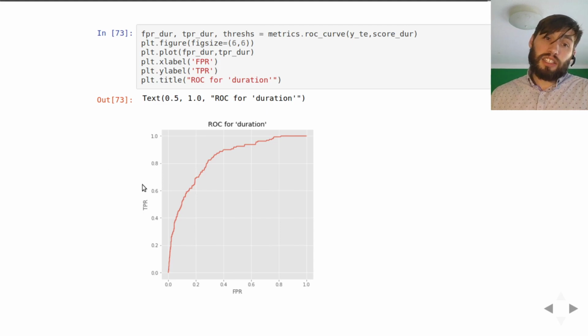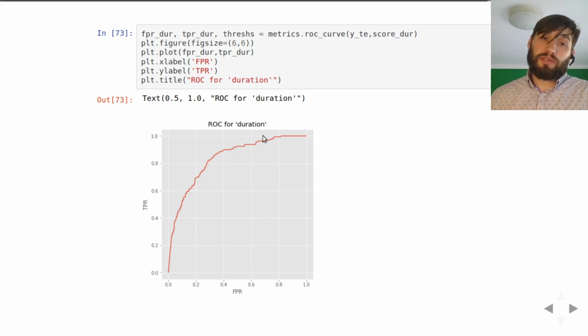So if we plot the true positive rate against the false positive rate, that's what we call the ROC, receiver operator characteristic curve. This ROC curve starts at 0, 0, and then as you increase it, it will give you a curve like this. Random guessing is just a straight line from 0, 0 to 1, 1.